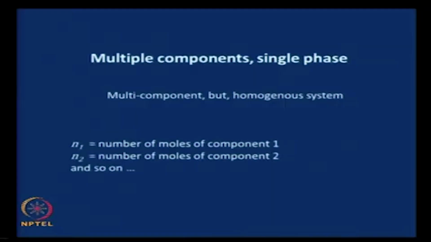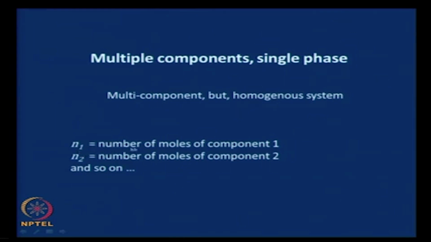Let us look at some of the relationships that will be useful for a multi component single phase system. Before we do that, we need to know some terminology that we will use here.